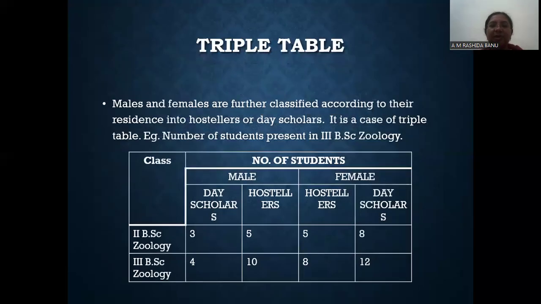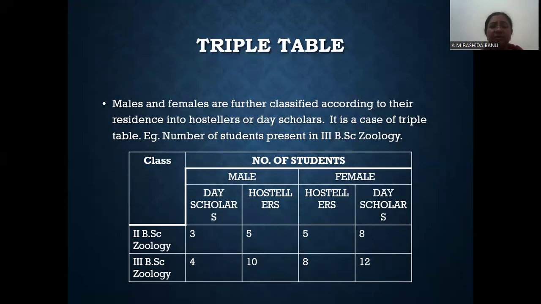Similarly, here we are taking one more attribute, like number of students. Then we have divided into male and female depending upon their gender. And again, we are dividing depending upon residence, whether they are coming from home or from the hostel. So this type of table is known as a triple table.